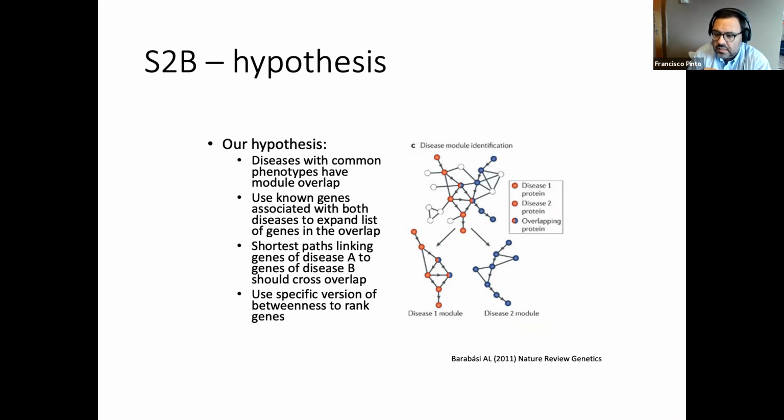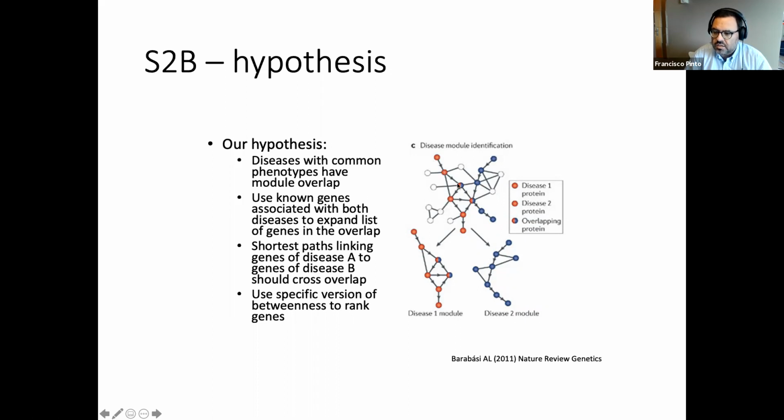And the hypothesis is that the nodes that are in the overlap between the two disease modules, in this case these two blue-red nodes, should be parts of shortest paths linking nodes from one disease to nodes of the other disease. So if I want to connect this red node to this blue node, the shortest path must go through the overlap, from here to there.